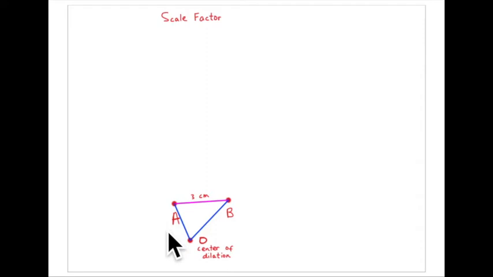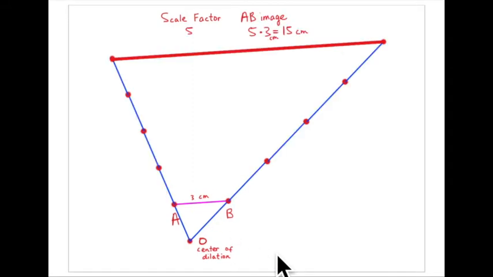Whatever length it is, it could be 5 centimeters, 2 centimeters, 15 centimeters, but that's 1 unit that's getting scaled 5 times. And the distance from O to B is then going to be the unit that gets scaled 5 times. Whatever that length is, it's still going to be the unit that gets scaled 5 times.